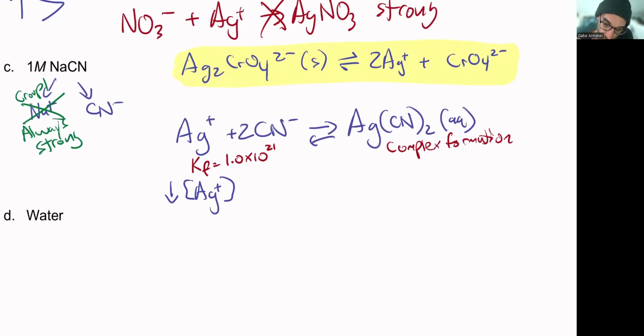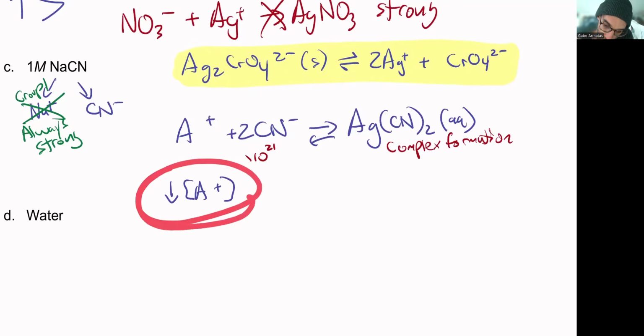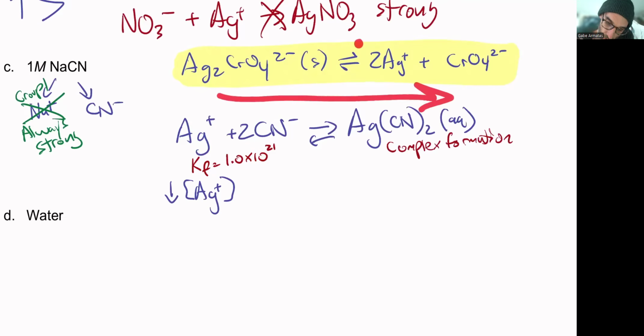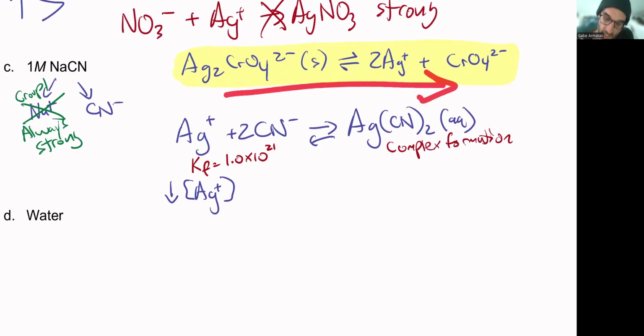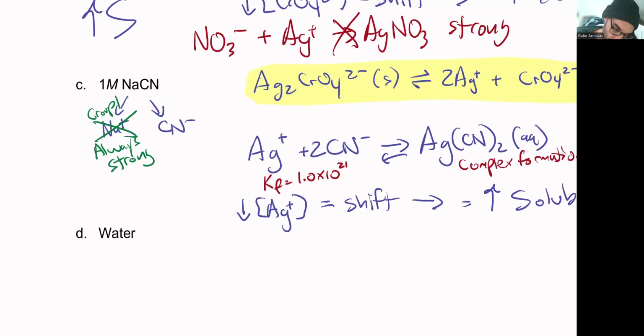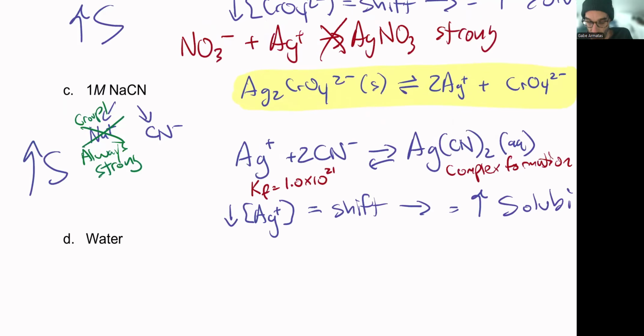So if the silver goes down, the reaction is going to shift towards the loss of solid in order to increase the silver ions again. Decreasing the amount of silver equals a shift to the right, equals a loss of solid, or an increase in solubility. So we have an increase in solubility for this one as well because of the formation of a complex.